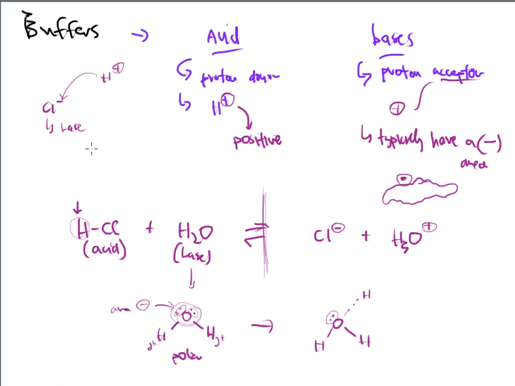We'll talk about why they would or would not a little bit later. But this could behave as a base. Because of that reason, this name is a conjugate base. So if this is the acid, then this is the conjugate base.